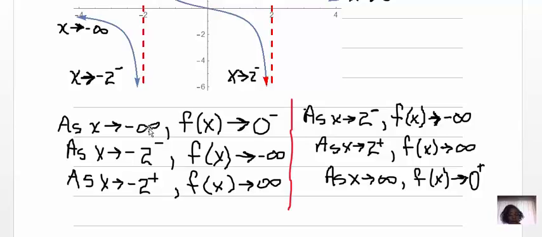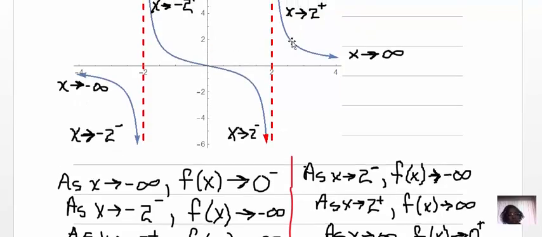So when I have a horizontal asymptote, as I have here in this picture, x can be decreasing without bound, or as we see here, x can be increasing without bound. And that's what's happening here.